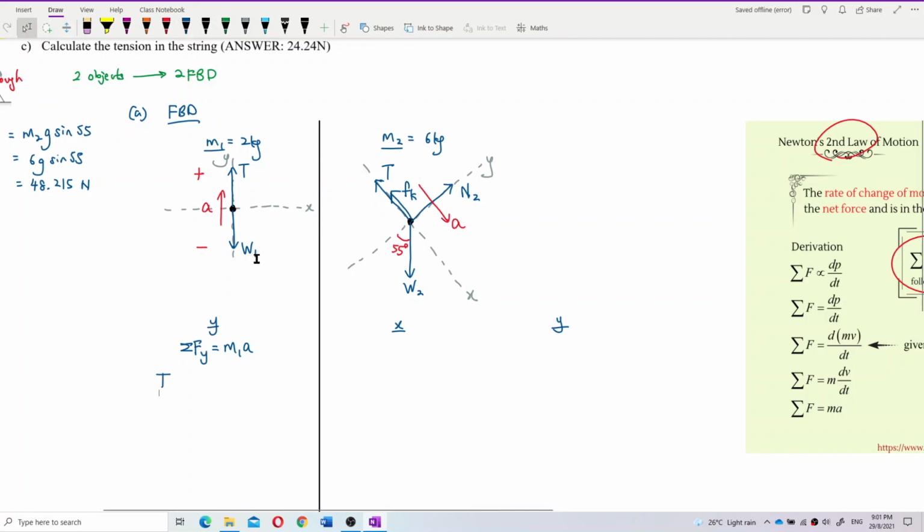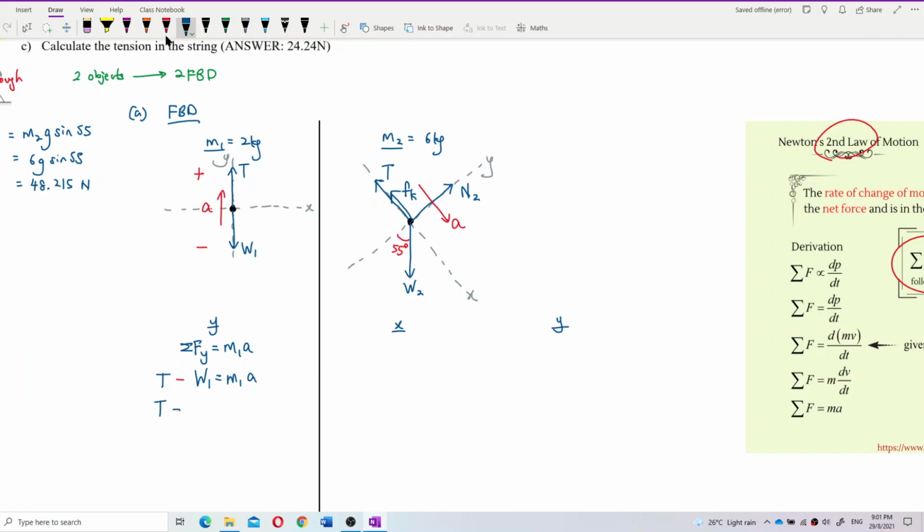This weight is opposite the acceleration, so it's a negative force. Always compare with acceleration if there is acceleration. So tension minus weight 1 equals M1A.